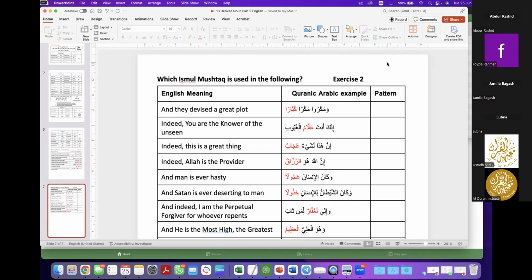Innaka anta Allamul Ghuyub. No, knower. So your same pattern is ismul mubalagha following fa'alun. Allamu is mudaf here, that's why tanwin is gone. Allamun. Fa'alun. It is also mubalagha.